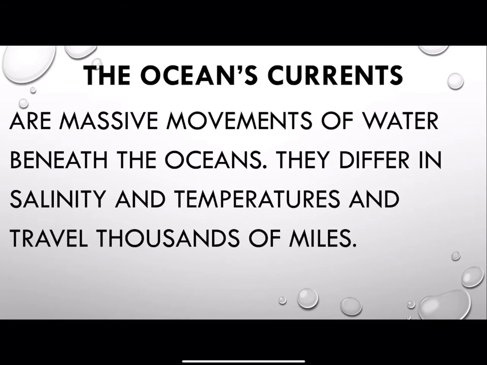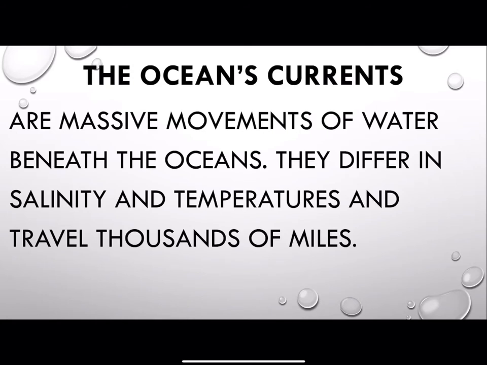All right, so the ocean's currents. Currents are massive movements of water that occur beneath the oceans. They differ from the rest of the water in the oceans in salinity and temperature, and usually travel thousands of miles. If I remember correctly, some of these waters have a 100-year cycle.